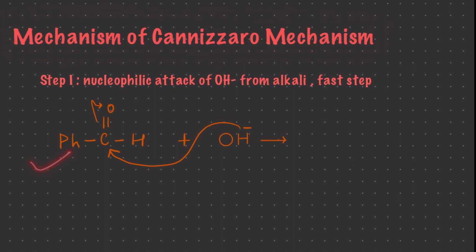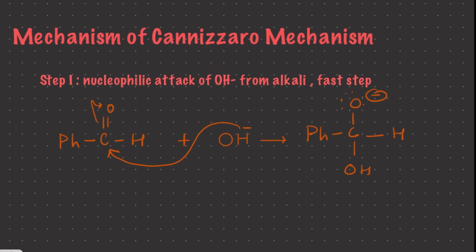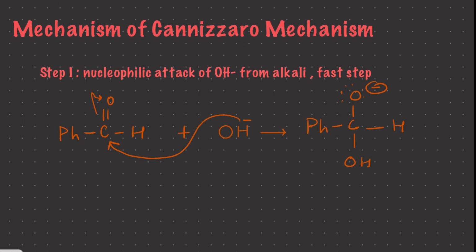So we take benzaldehyde, and the first step is the nucleophilic attack of OH minus on the carbonyl carbon, and what we get is the alkoxide form. If you remember the nucleophilic reactions undergone by aldehydes and ketones, this is the nucleophilic attack, the first step. Here it is the fast step, and the next step is the slow step.